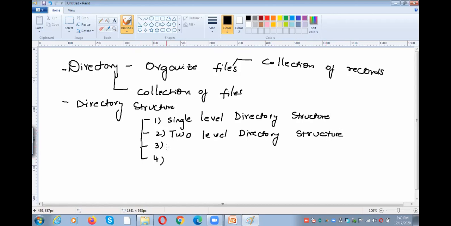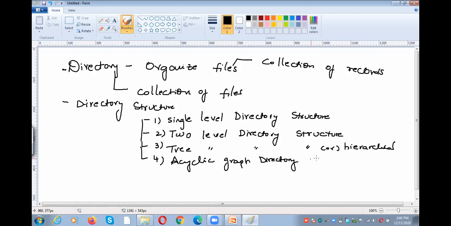The third one is three level directory structure, also called hierarchical directory structure. And the last one is acyclic graph directory structure. So these are the four varieties of directory structures available.